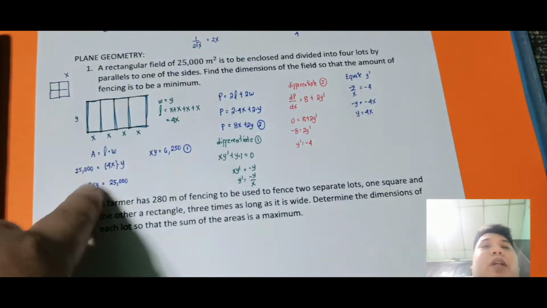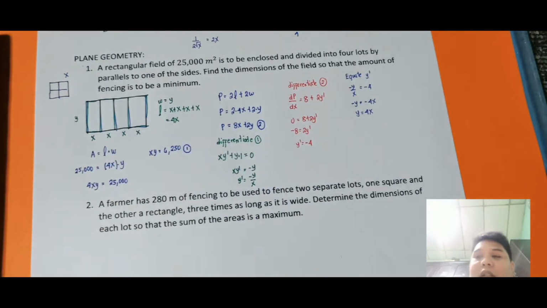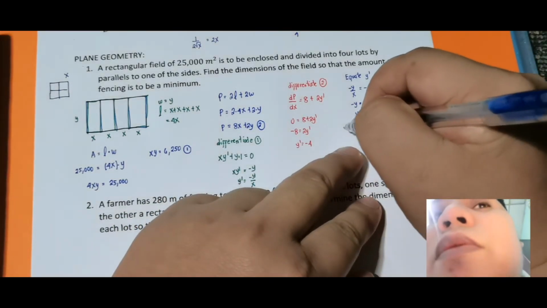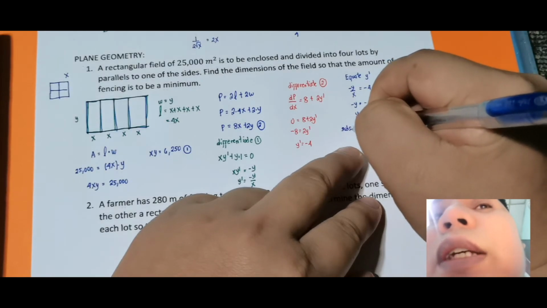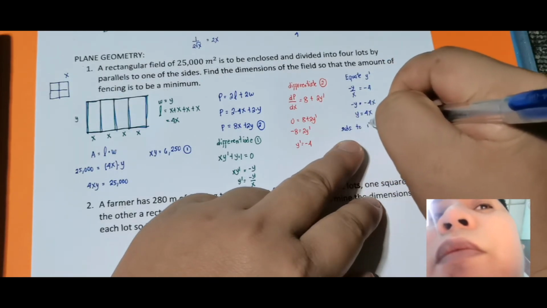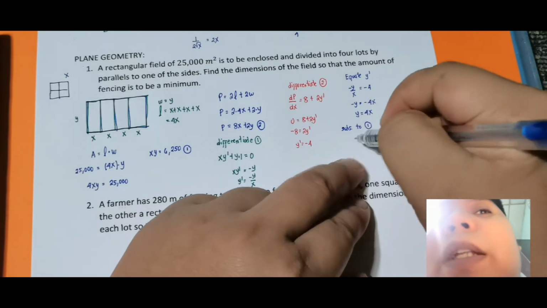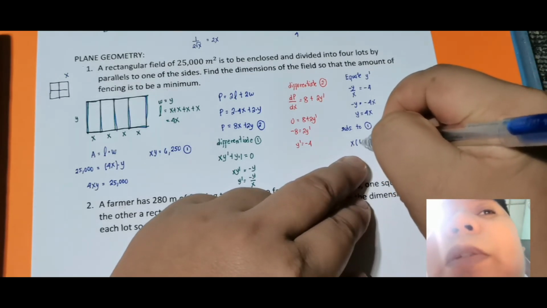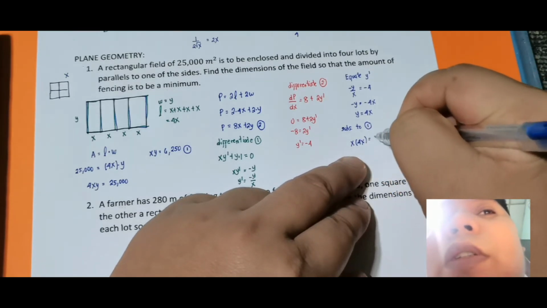Isa-substitute natin siya dun sa equation number 1, which is xy is equal to 6,250. Substitute to equation 1. Okay, so we have y yung papalitan, so this is x times 4x is equal to 6,250.